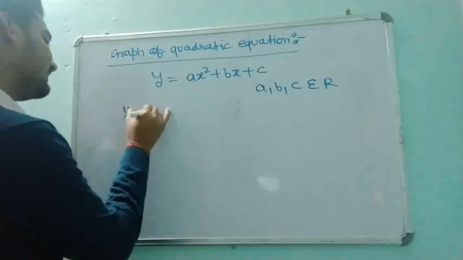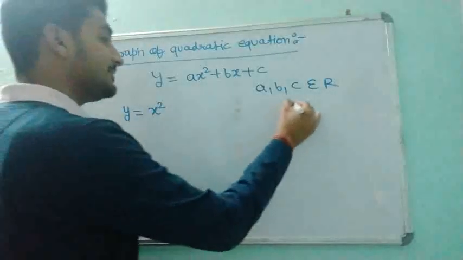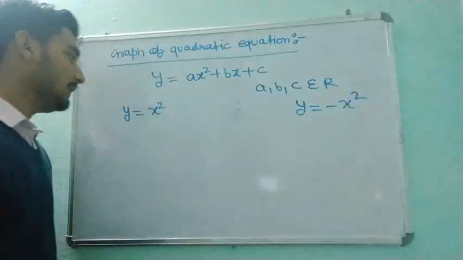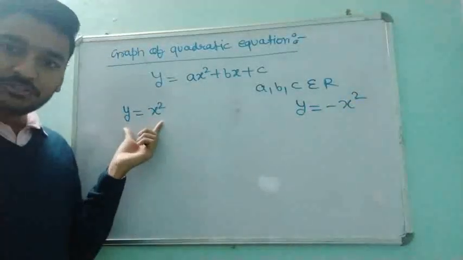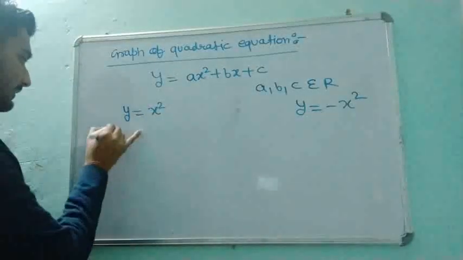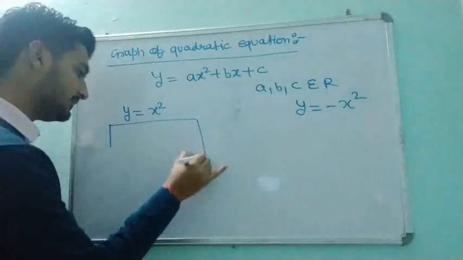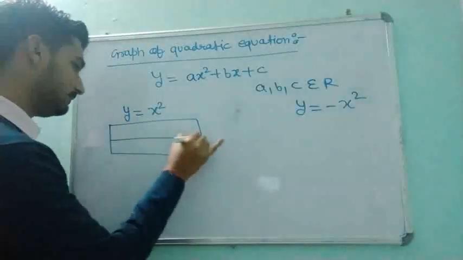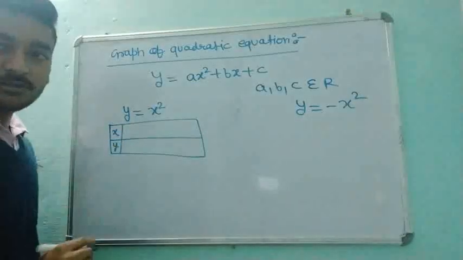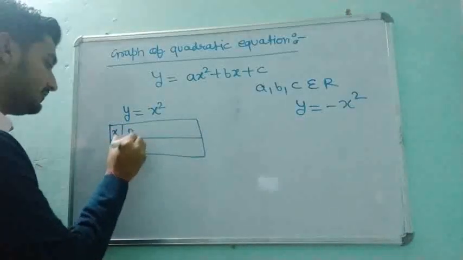y equals x square and y equals minus x square. In this equation, if we put different values of x, we get different values of y. If we make a table for this, with x and y: if we put x equals 0, we get y equals 0.